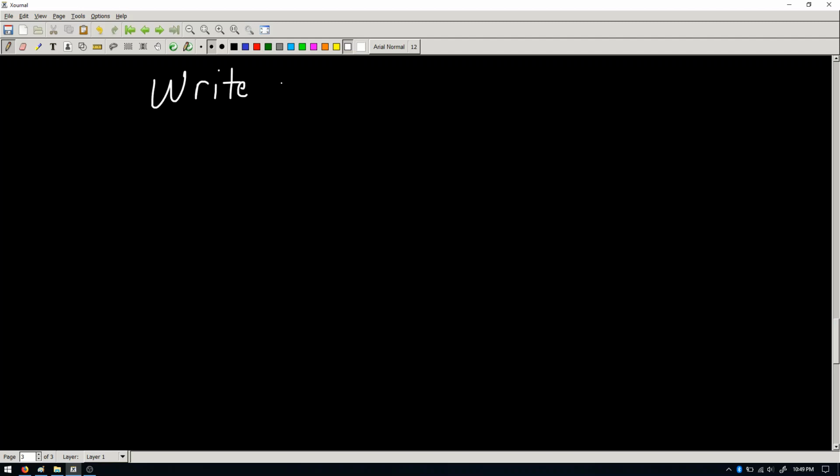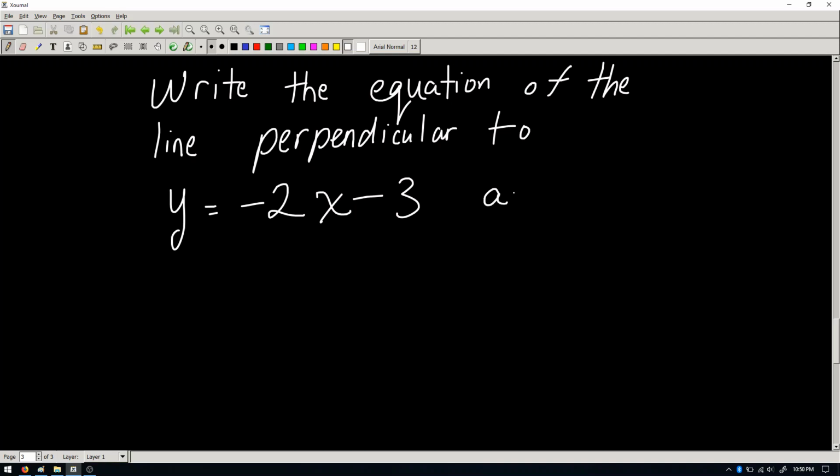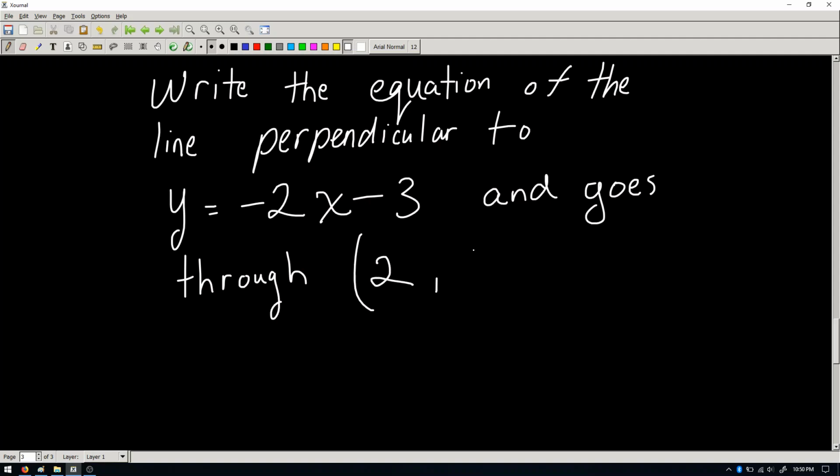Write the equation of the line perpendicular to y equals negative 2x minus 3 and goes through (2, 3).